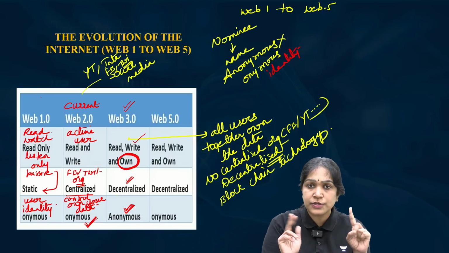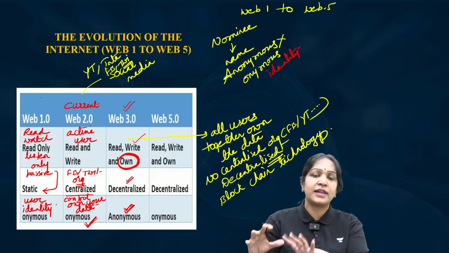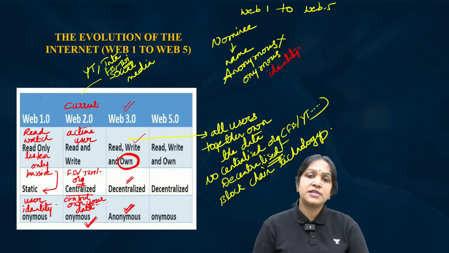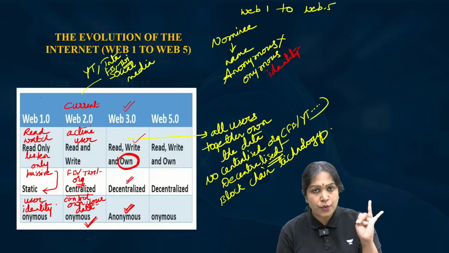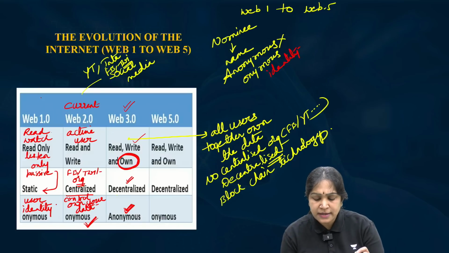But in Web 3, it is not like that. We all together, all users of YouTube, will own this data. That is on the blockchain platform. What is blockchain technology? I will discuss it in one of our future sessions. But these are all good: read, write and own, decentralized, perfect. But anonymous is the disadvantage here.